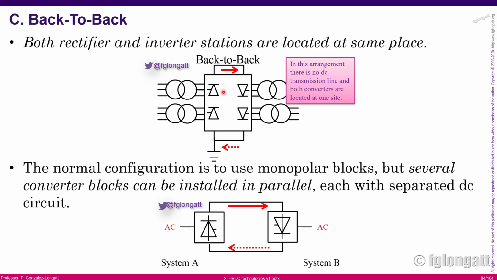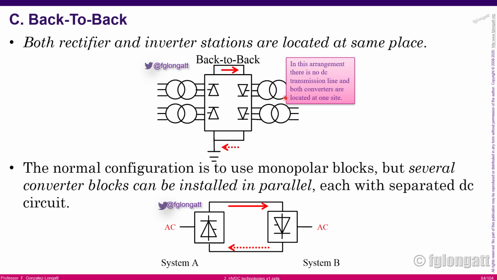As I presented in my previous slides, one of these applications is when you are interconnecting systems with different frequency. One system on this side could be Brazil, the other one on the other side could be Argentina or Paraguay or Uruguay, 50 and 60 hertz. They cannot match together, and using an AC line is impossible. That is the reason for using this back-to-back converter, okay?